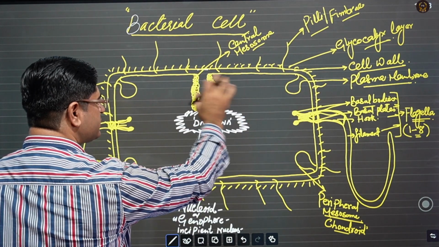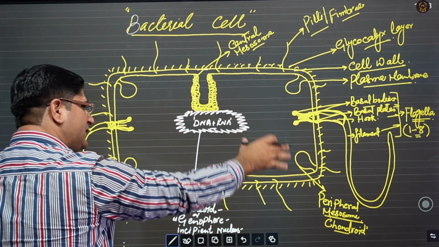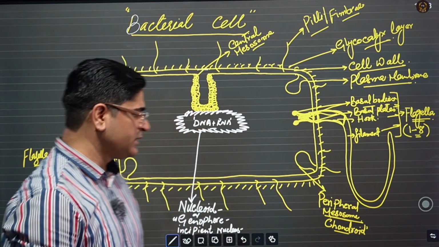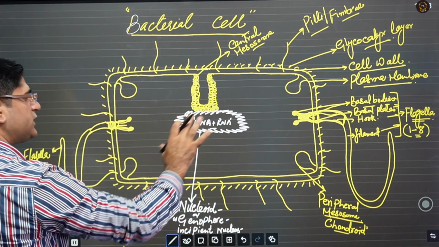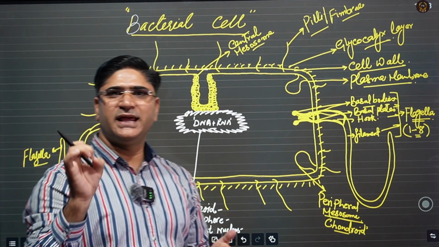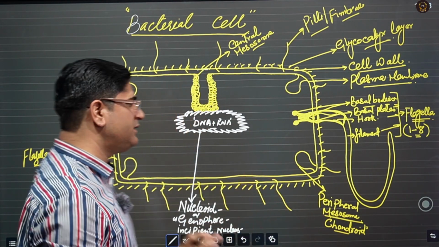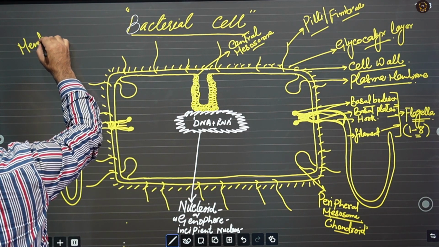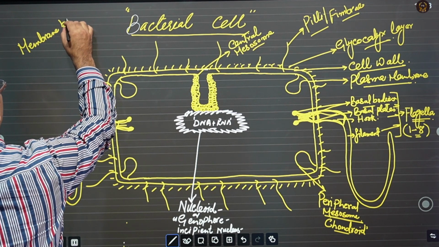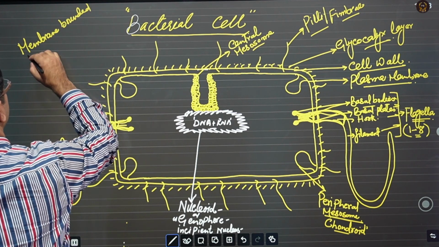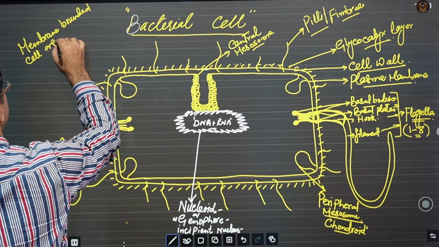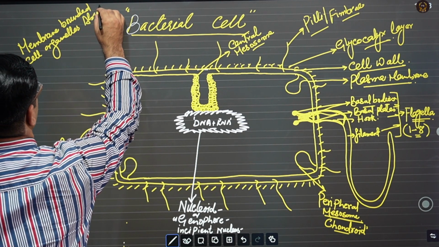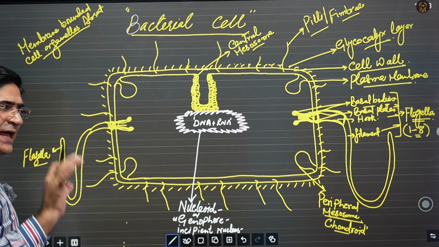Now, inside this whole cytoplasm, as you know, the bacterial cell is a prokaryotic cell. So prokaryotes do not contain any membrane bound cell organelles. Remember this, the membrane bound cell organelles are absent.